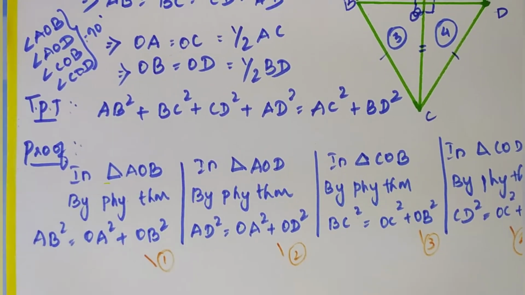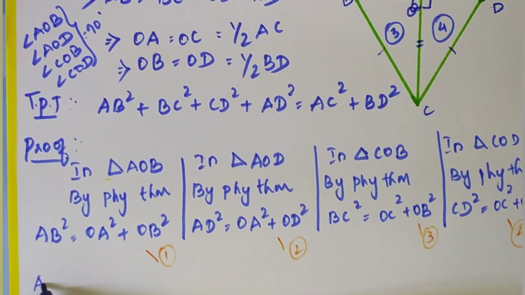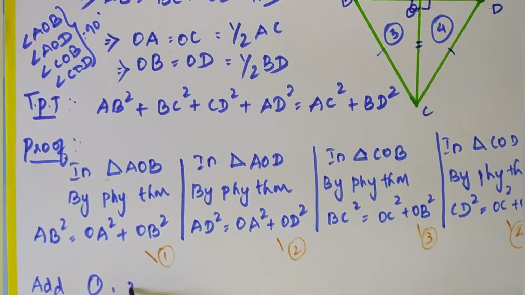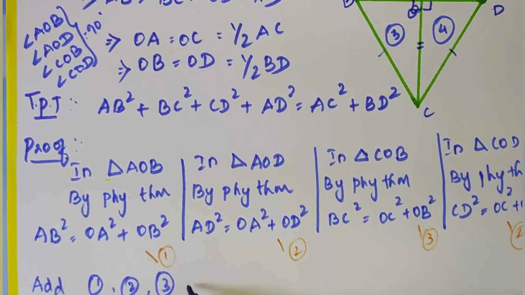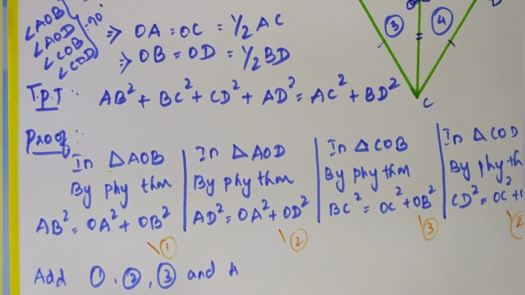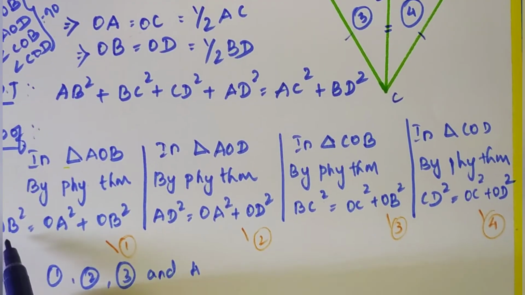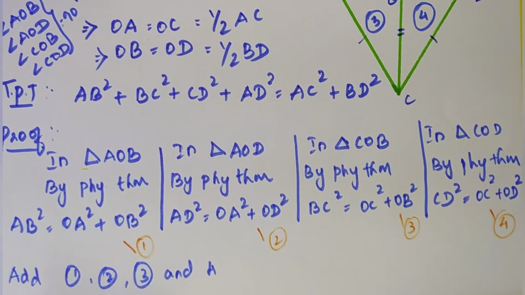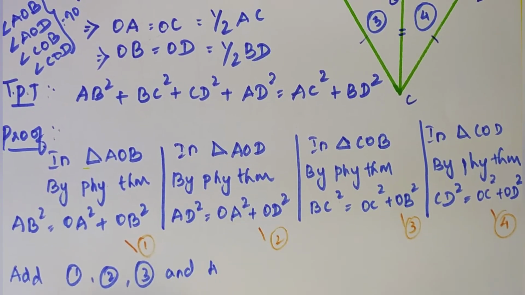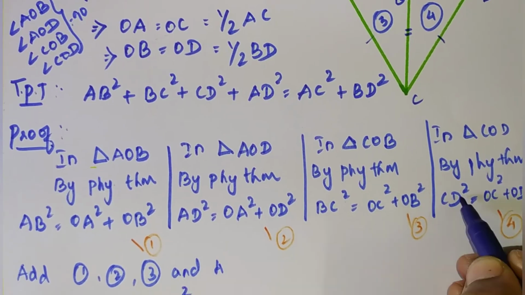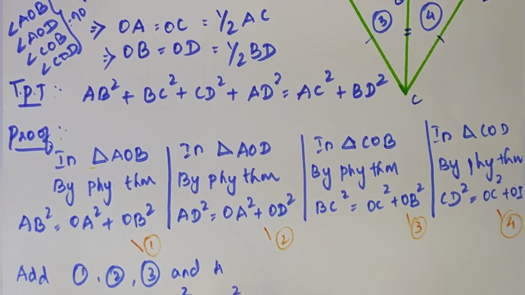Okay. So add everything, add 1, 2, 3 and 4. We will get, on the left hand side, AB square plus AD square plus BC square plus CD square.